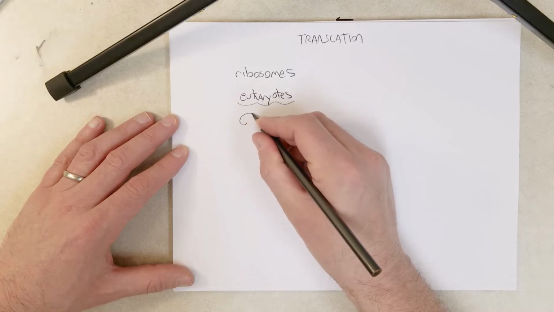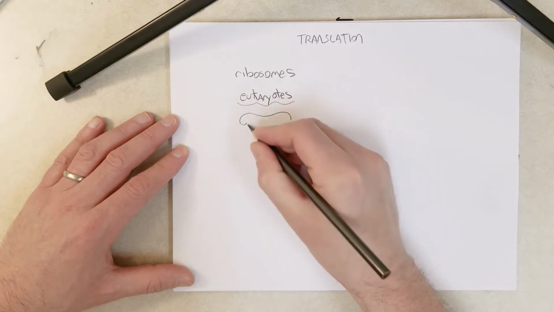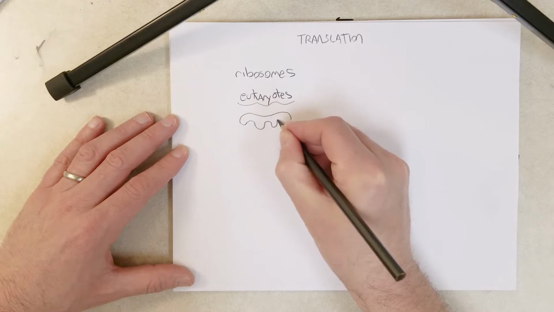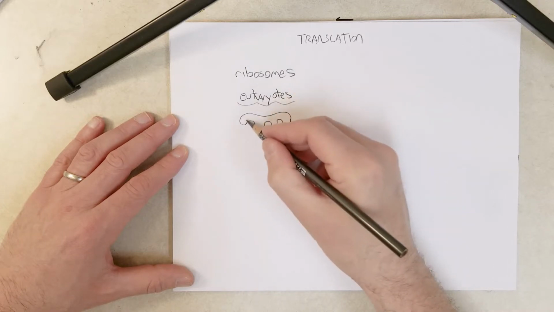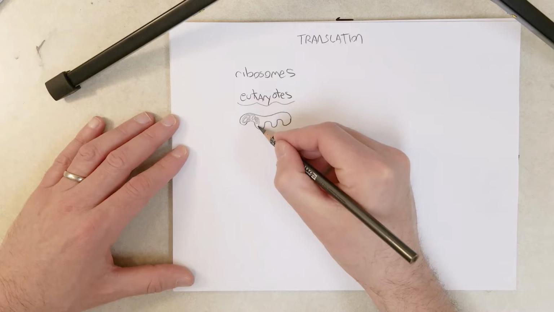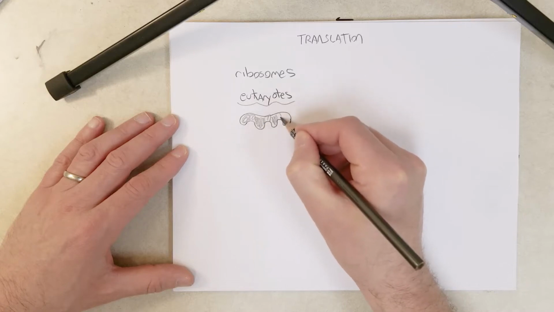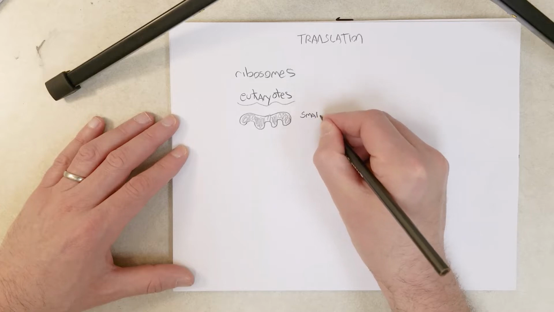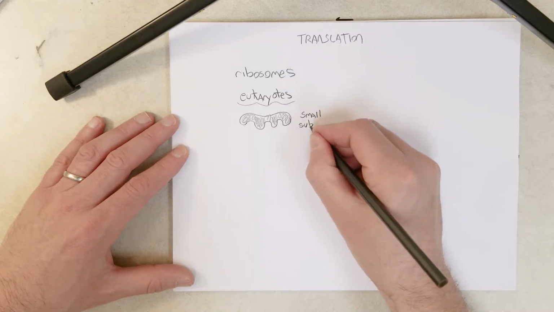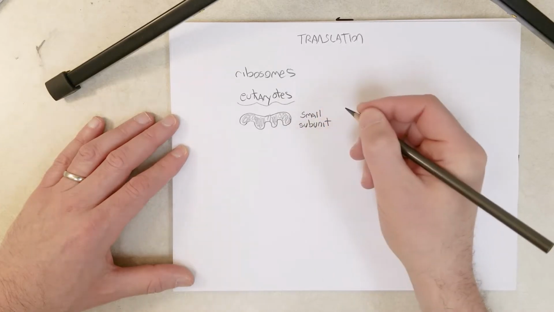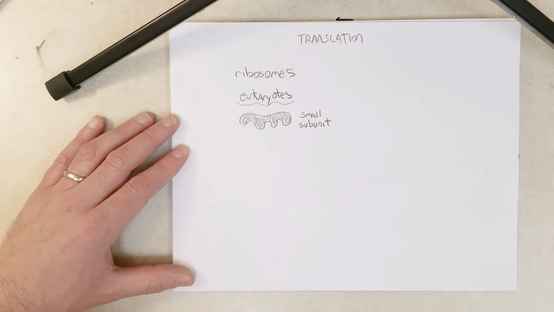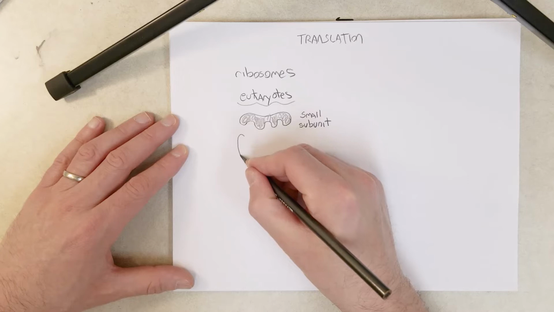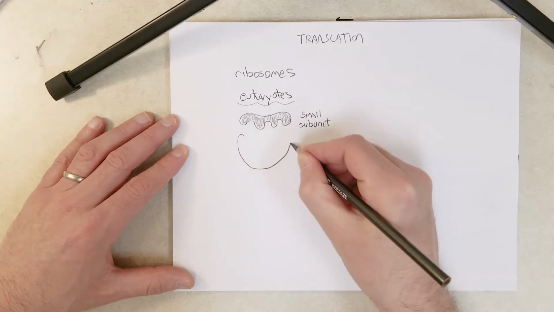So I am going to diagram this thing right here. Let's see how it comes out. Not too bad. So this is going to be the small subunit. Ribosomes have a large subunit and a small subunit. And this right here will be the large subunit.